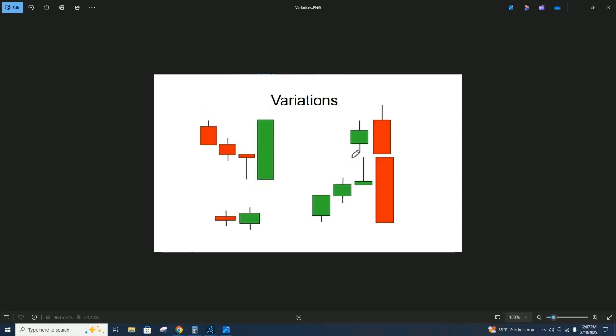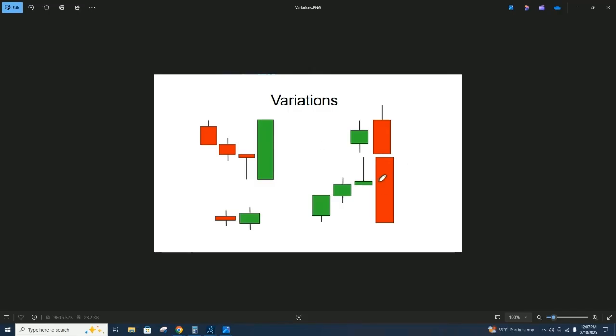Sometimes, and this is very rare, but it does happen, you might see an engulfing candle, in this case a bullish engulfing candle, engulf the prior 2, 3, or even sometimes 4 days of candles. These setups are extremely powerful when you see that.